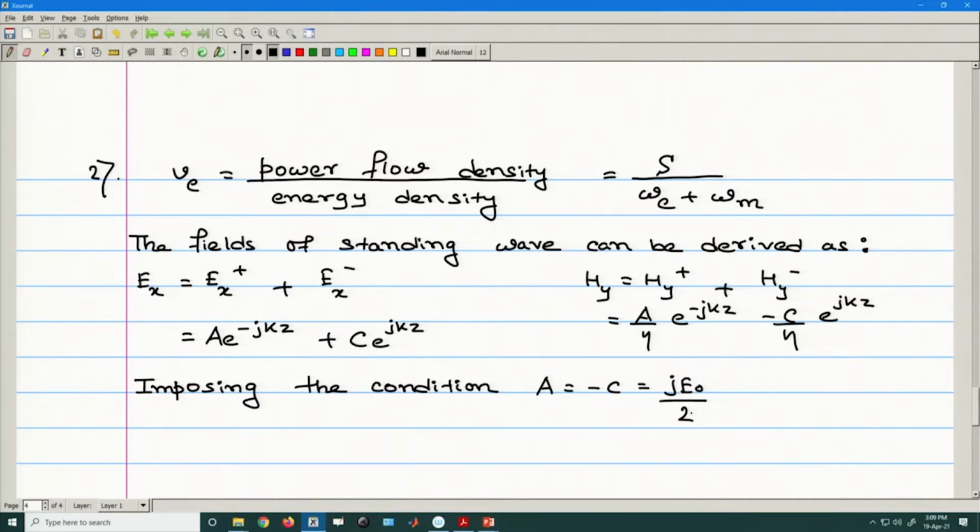Since they are out of phase, we will get Ex as j E naught by 2 e to the power minus jkz minus j E naught by 2 e to the power jkz.